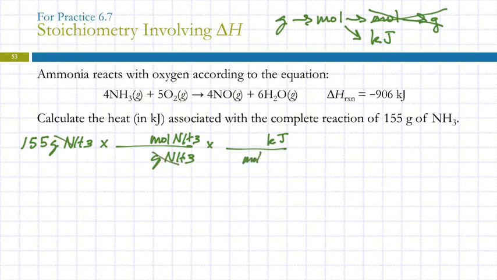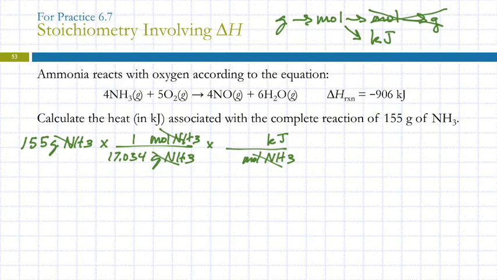We got moles of ammonia. And I can move from grams of ammonia to end up at kilojoules of energy. Grams to moles, that's the molar mass. I'll just save you some time. 17.034 grams is 1 mole of ammonia. Kilojoules per mole, that's the delta H.